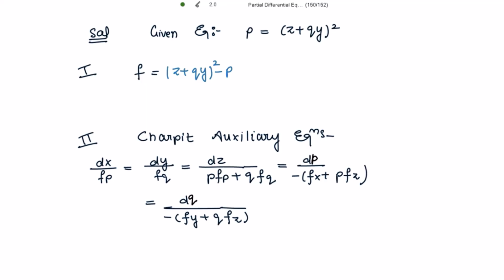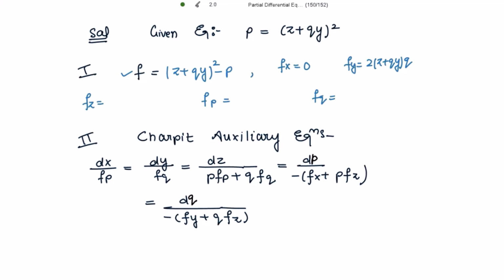Then we need to use the Charpit auxiliary equations. For that, we need to get the values of fx, fy, fz, fp and fq. Fx means differentiating f with respect to x. There is no x, so this is 0. Fy, differentiating with respect to y, is twice of (z plus qy) multiplied by q.